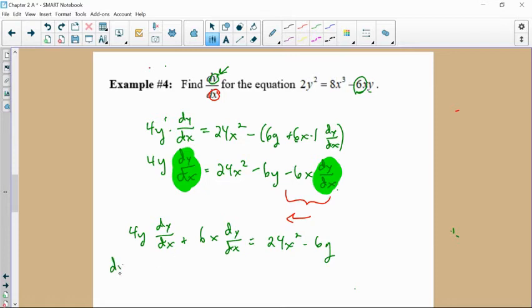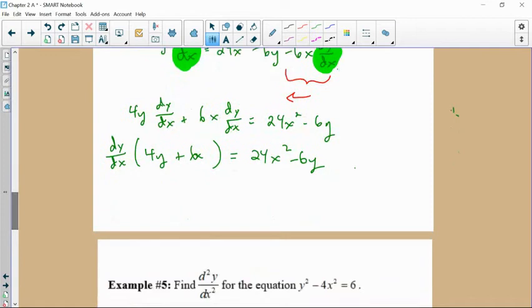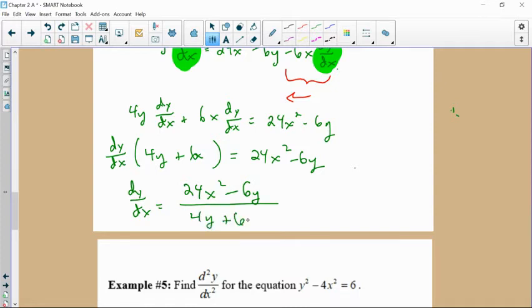So you pull out that dy dx, and we get 4y plus 6x, equals 24x squared minus 6y. And then finally, we can divide by this quantity. So dy dx is equal to 24x squared minus 6y divided by 4y plus 6x. So there's our derivative expression.